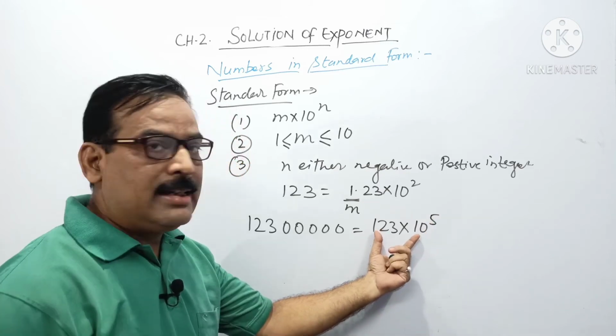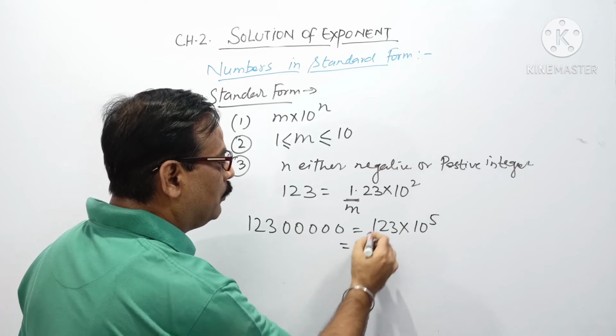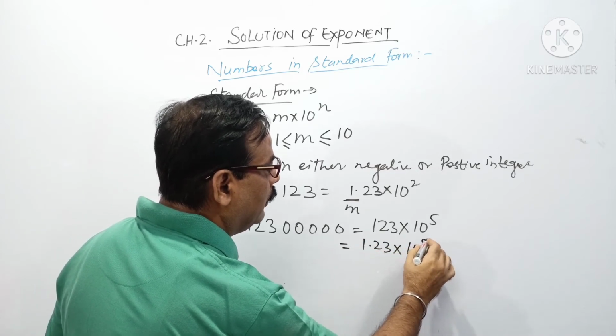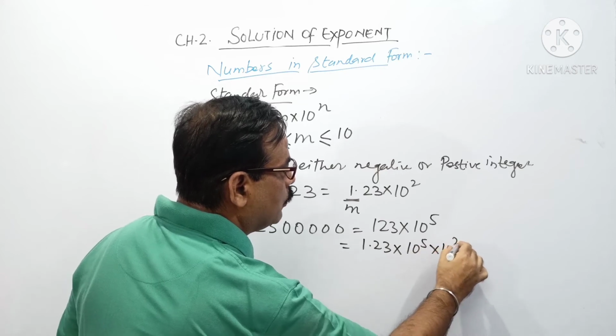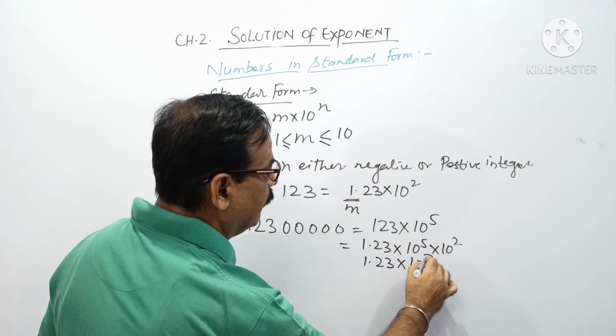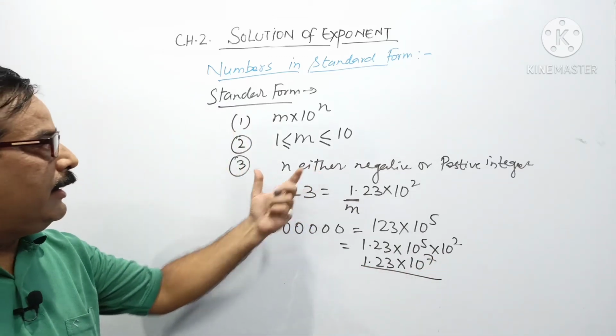But this is not in standard form. To make it standard, we convert 123 to 1.23 into 10 to the power 2, so 1.23 into 10 to the power 5 into 10 to the power 2, and the right standard form is 1.23 into 10 to the power 7. So from here you can understand the thing correctly.